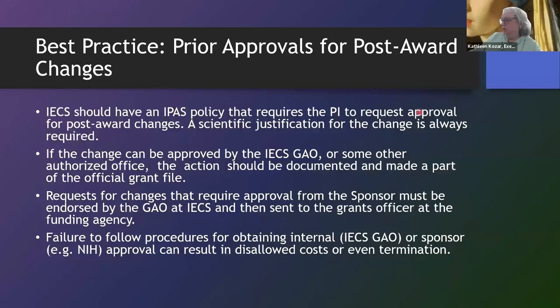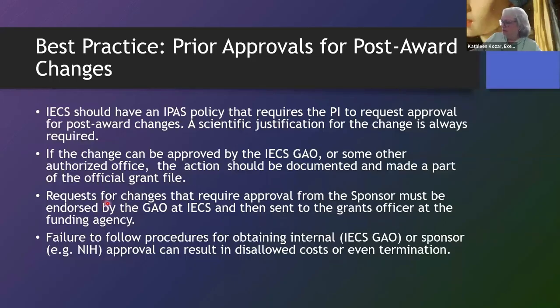If this request from the principal investigator can be approved by the institution's grantee authorized official, the GAO, or some other authorized office within your system, you're going to have to document the action that was taken and make sure that it is part of the official grant file that is subject to audit as well.